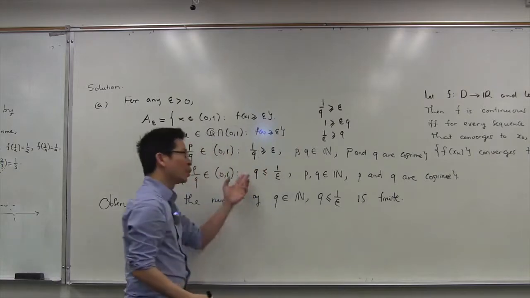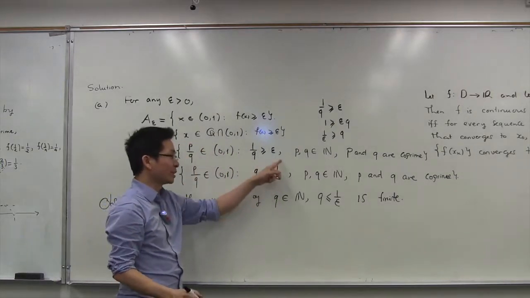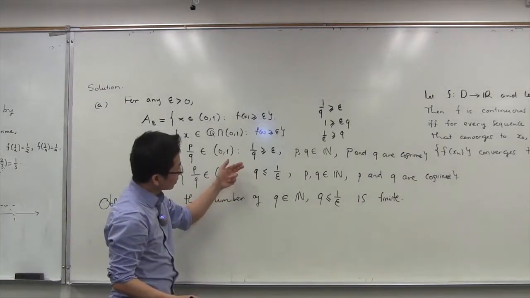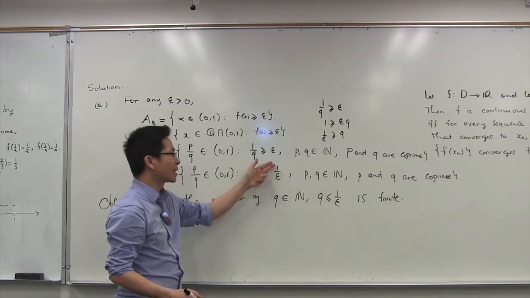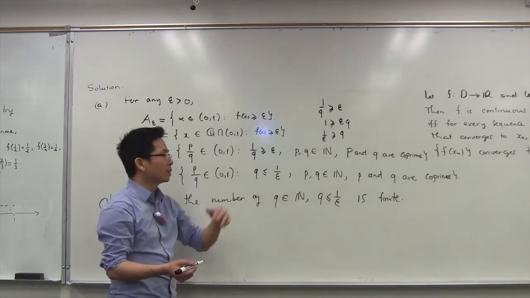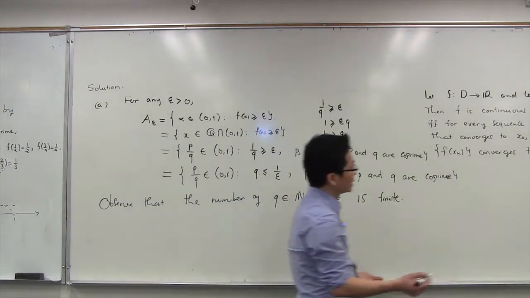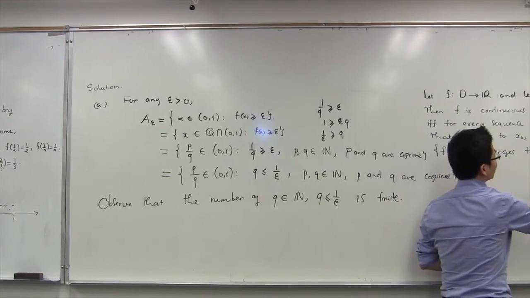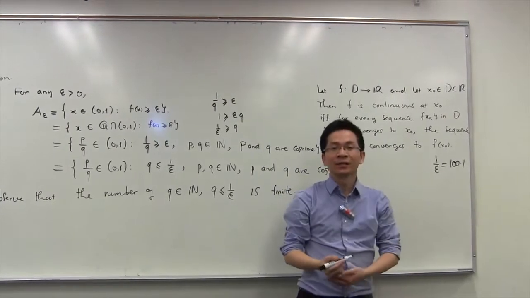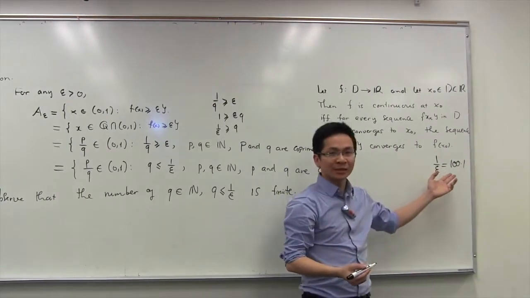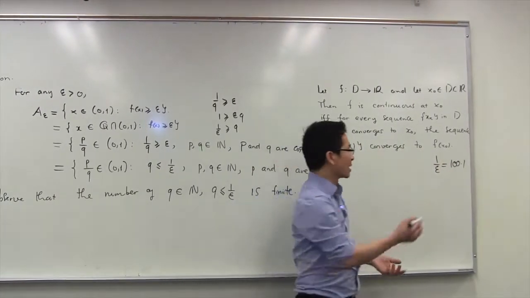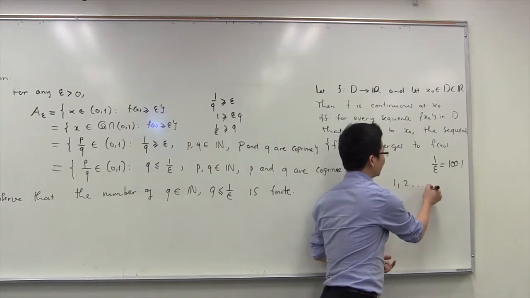For example, if this is just a positive real number, and we are looking at the number of positive integers that are less than or equal to 1 over epsilon, for sure the number of q here is finite. One example: if 1 over epsilon is equal to, say, 100.1, then there are only 100 natural numbers that are less than or equal to 1 over epsilon.